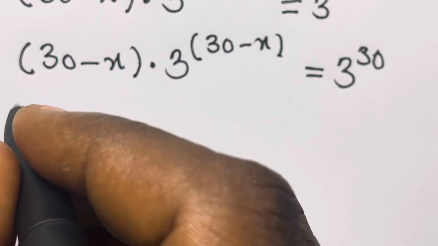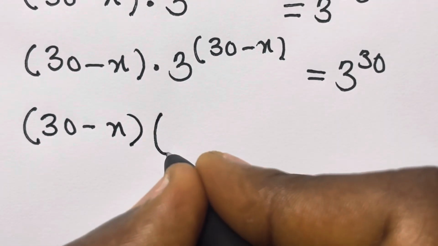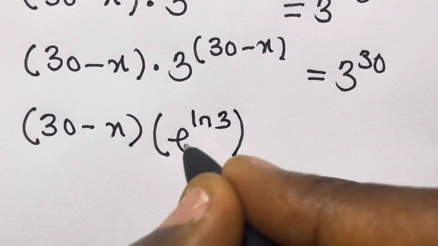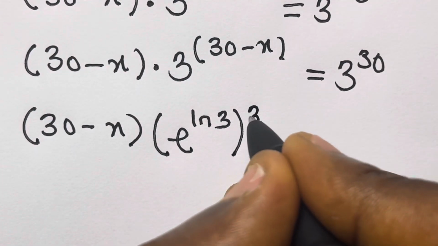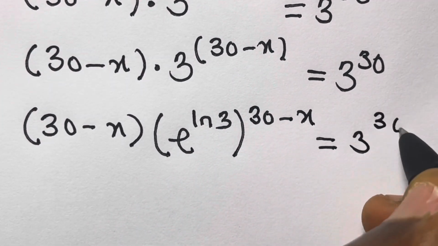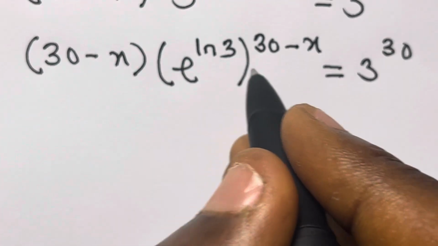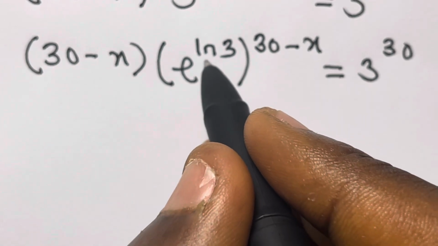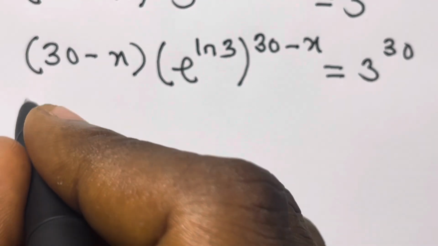But we must know something here: this 3 can further be expressed as e raised to the power ln 3, right? And it is raised to the power 30 minus x, which equals 3 raised to the power 30, right? But don't forget that we want to make the base and the power the same. So we must multiply both sides by ln 3, because this one already has ln 3, so this one too must have ln 3.